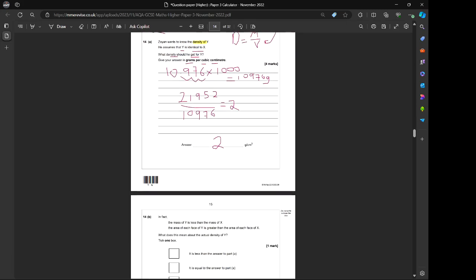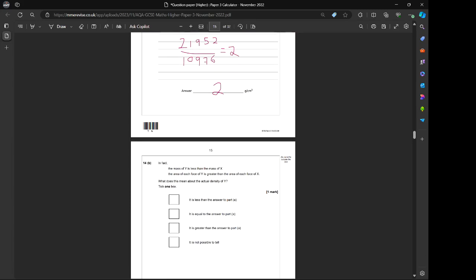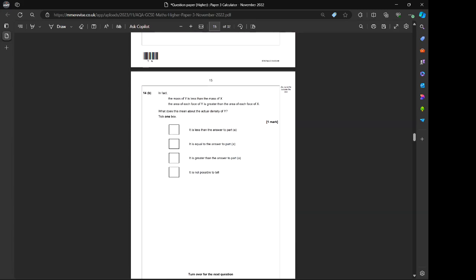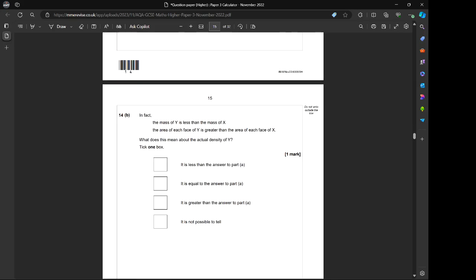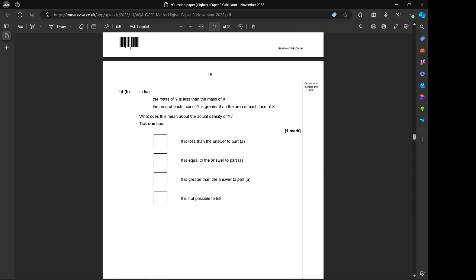So we'll do obviously 40 bits here. Then I'm going to skip to some of the harder questions, because someone was asking me to go through the backing of this question. Okay, 14b. In fact, the mass of y is less than the mass of x. So remember we've got density here. Density is mass over volume.